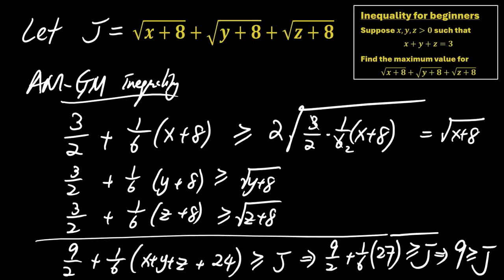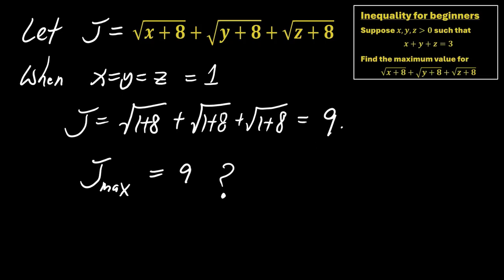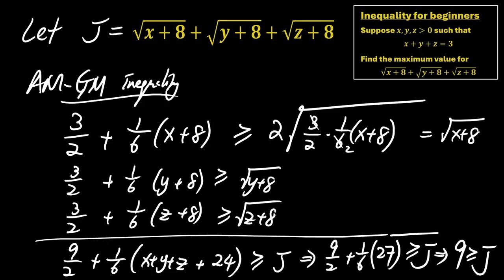So J is at most 9. Again, J equals 9 is achievable. So it means that the maximum of J is equal to 9 using AM-GM inequality.